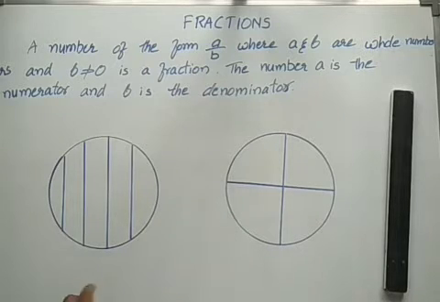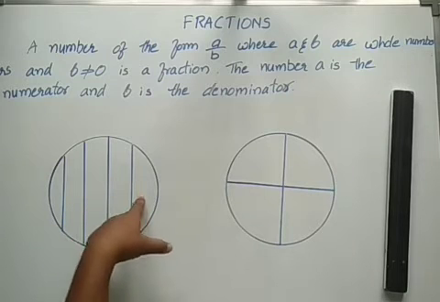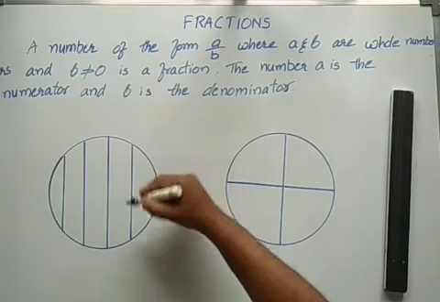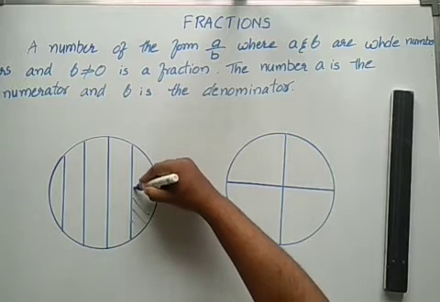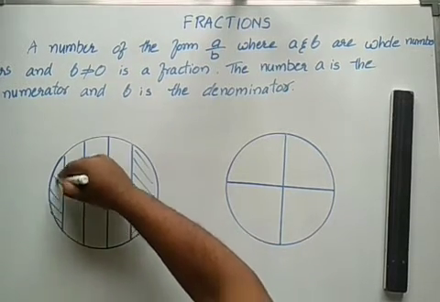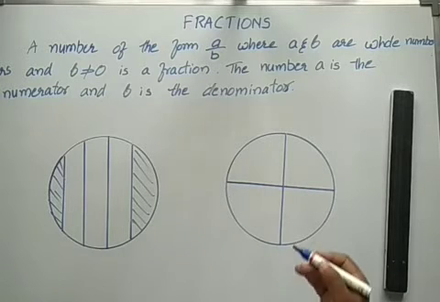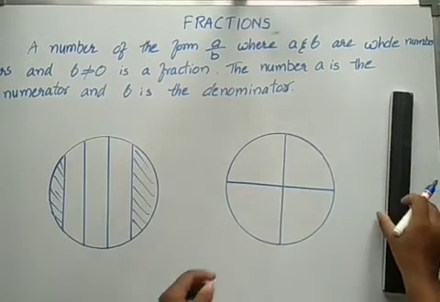Some people may count like 1 part, 2 part, 3 part, 4, 5th part, and suppose if I do shading here, they may write 2 by 5. Is this one correct? Suppose here I will shade it here.